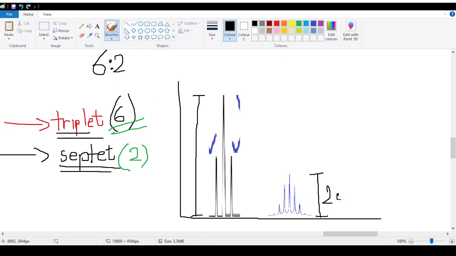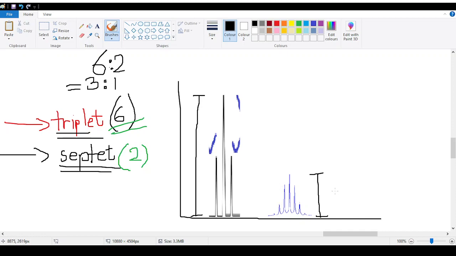If this is 2 centimeters high, this one will be 6 centimeters high. Are we understanding this or not? Or if you simplify 6:2, this becomes 3:1, right?